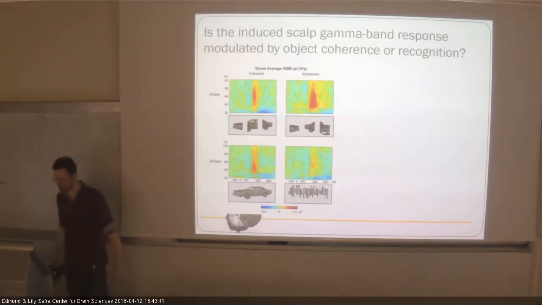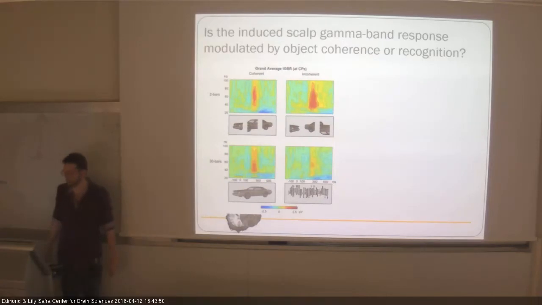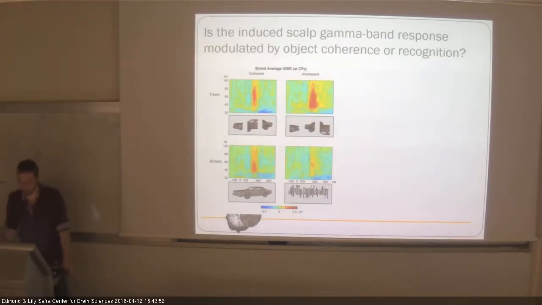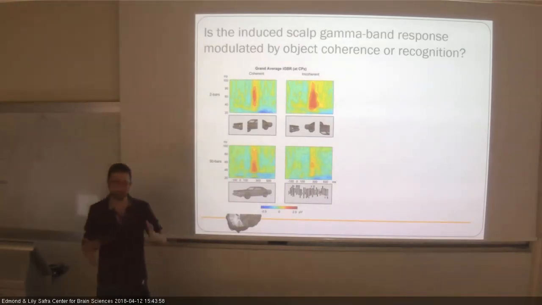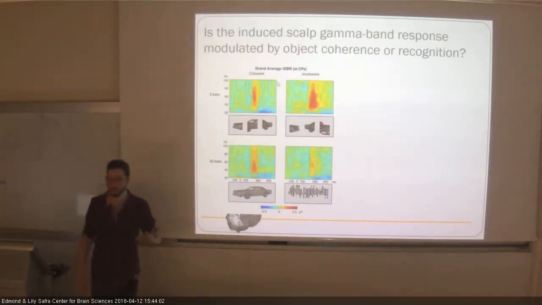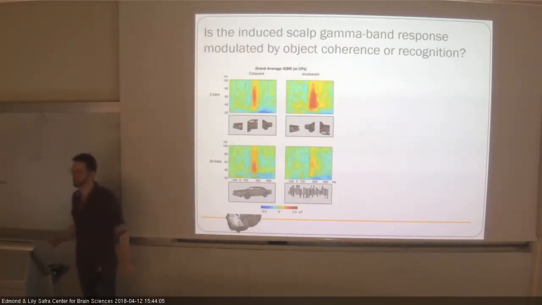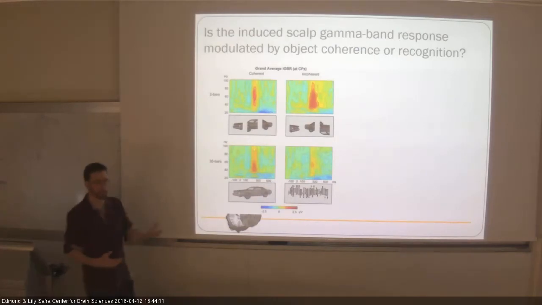And there were a lot of these studies. Moving forward to 2008, there was a study by a former member of our lab, Shlomit Yuval Greenberg, who's now at Tel Aviv University, that wanted to ask, taking this theoretical framework, whether this increase in gamma power was related to the coherence of the stimulus or to the recognition, the identifiability of the stimulus.